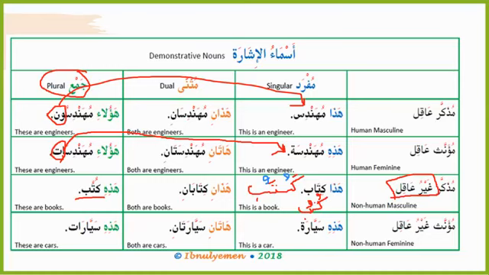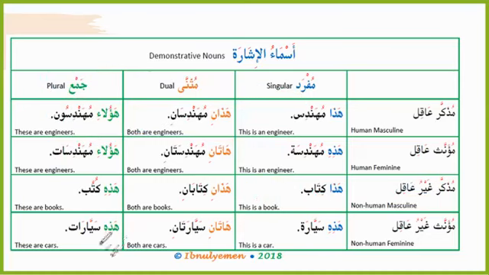Let's move on. All right, now هذه سيارات, and this is the feminine plural. هذه كتب, هذه سيارات. Let's see, for example, what we would find in the Quran. صحيفة, صحف. We would see in the Quran صحف.